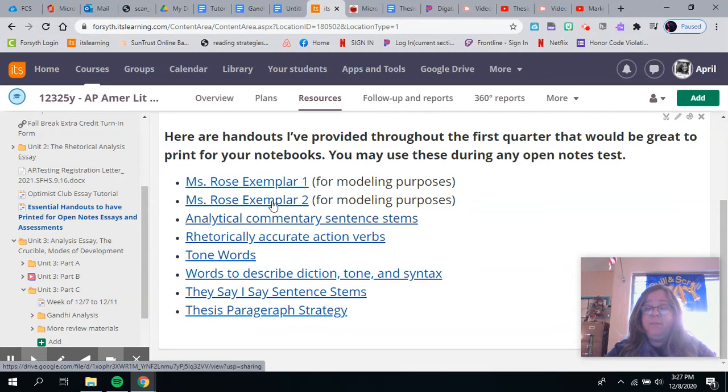Both of these exemplars are written in chronological order, and I have gone above and beyond modeling how to integrate source material, discuss diction, discuss imagery, and provide commentary that answers why the author uses it and how it should affect the audience. So I've worked to model as many skills as I possibly can, and you're welcome to use these to model your work after.